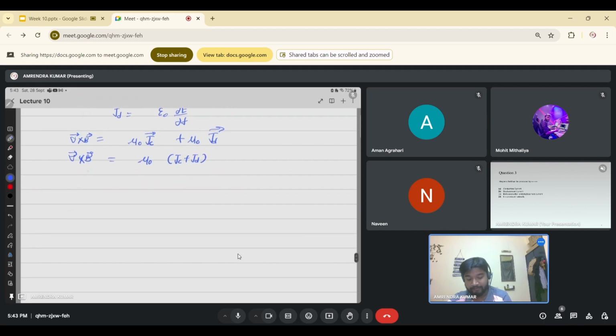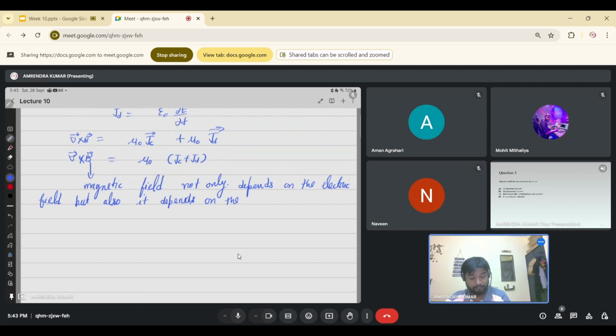So we can see that the magnetic field depends not only on the electric field, but also on the charge current.